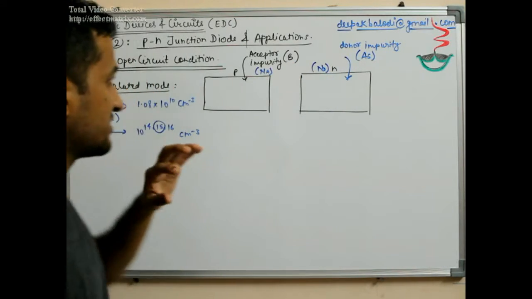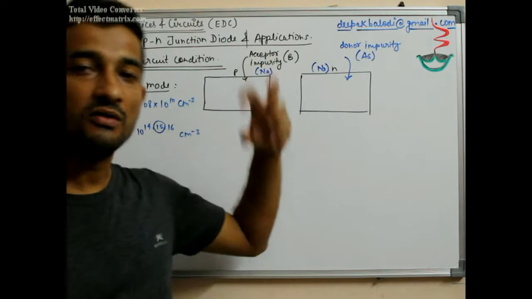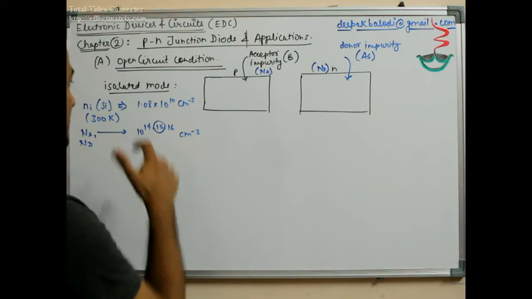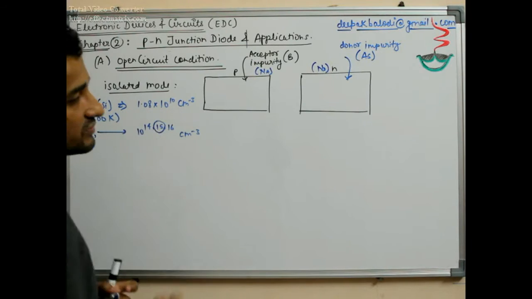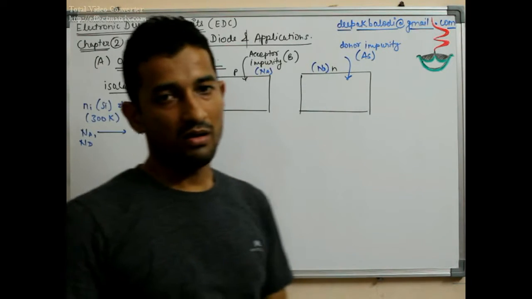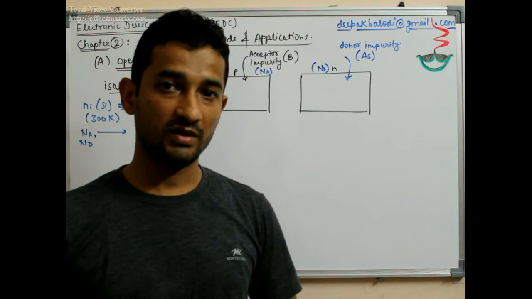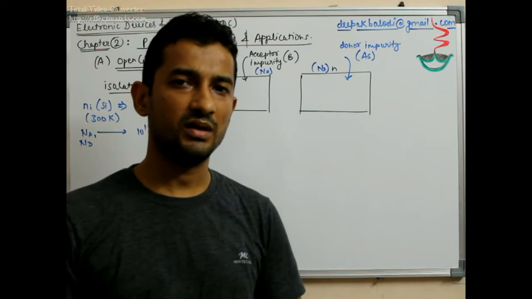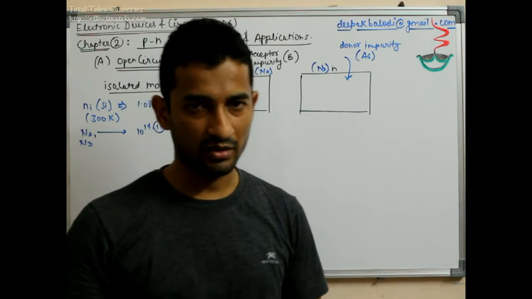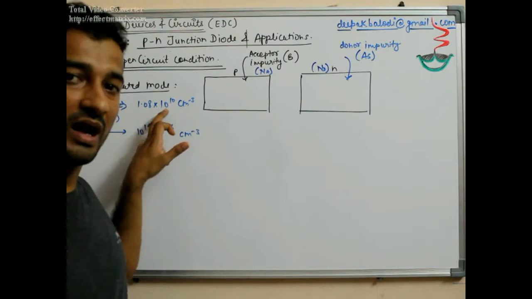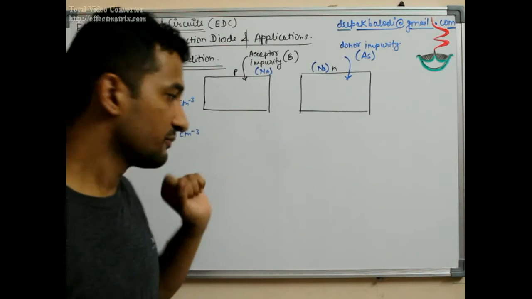So the number of holes contributed by acceptor impurities is 10 to the power 15, whereas the number of silicon atoms in the background is approximately 10 to the power 22 or 23 per centimeter cube. But out of them, only 10 to the power 10 electrons as well as holes are available.